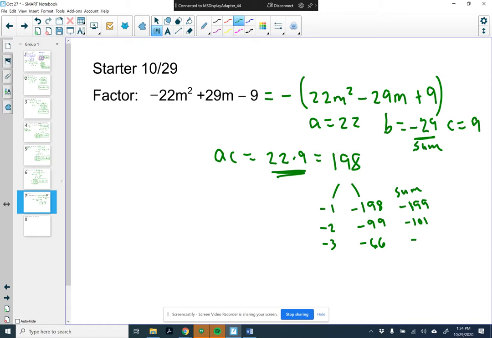Or I can grab the calculator and do 198 divided by 3 and find out that it's 66. -3 and -66 don't add up to the right thing. Is my 22 times 9 divisible by 4? No. Is it divisible by 5? No. Divisible by 6? Yes. And you can either do 198 divided by 6, or you can do a little creative math and take a 2 and shuffle things around.